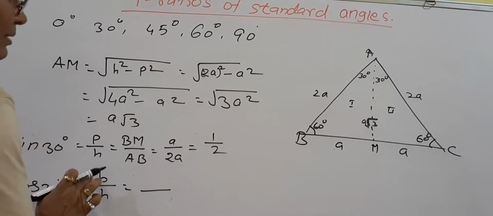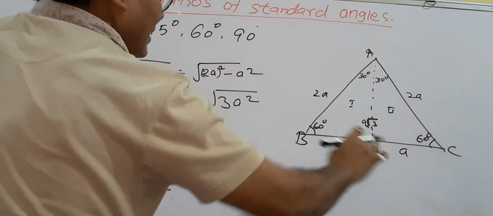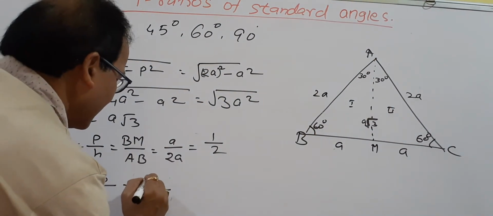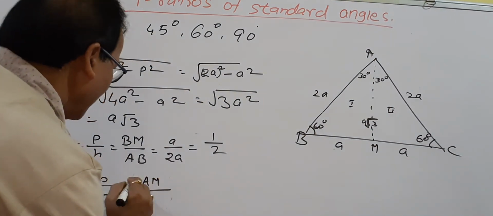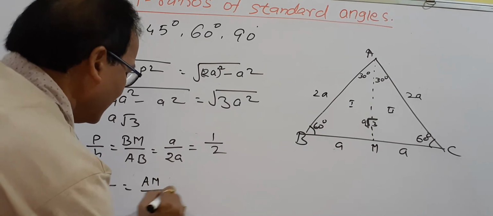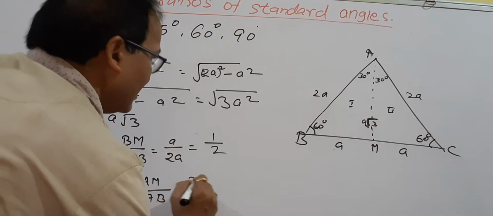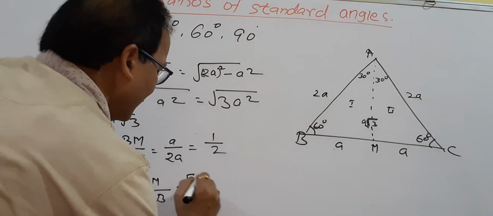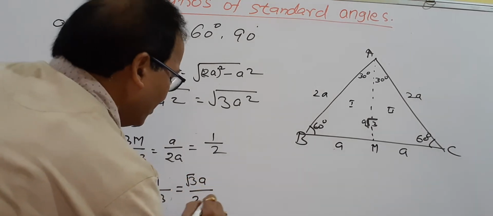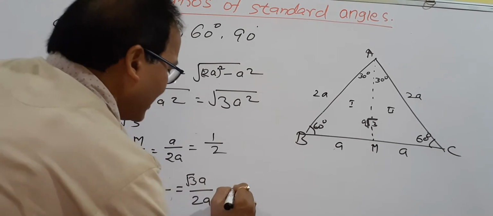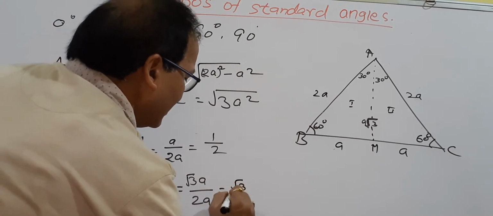For 30 degree, base is AM. We should write AM divided by AB, which is A root 3 by 2A. A will be cancelled. Final answer root 3 by 2.